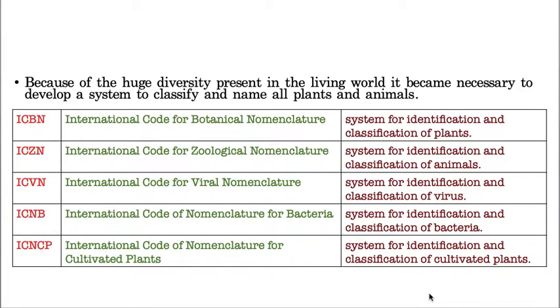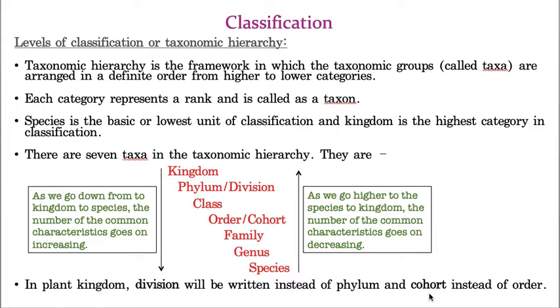Now the next step of taxonomy is classification. I started my class by telling the three steps of taxonomy: identification, nomenclature, and the next one is classification. Identification means that by comparing with already present organisms, a newly identified organism is placed into a certain group.